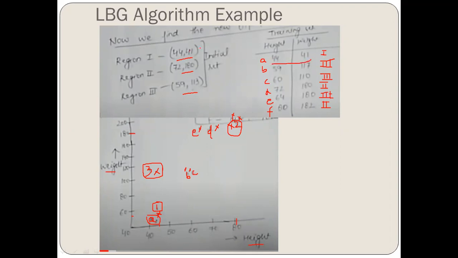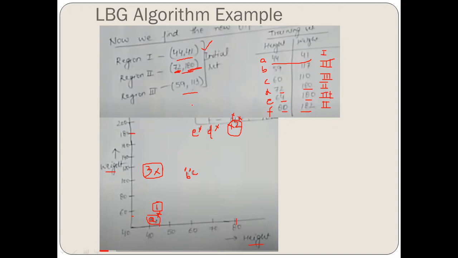Now for region 2, you have 72 plus 64 plus 80, divided by 3. So 72 plus 64 plus 80 divided by 3 will be 72. So this value is 72. Now you do 180 plus 180 plus 182, divided by 3, it will be somewhere around 180 only, right?